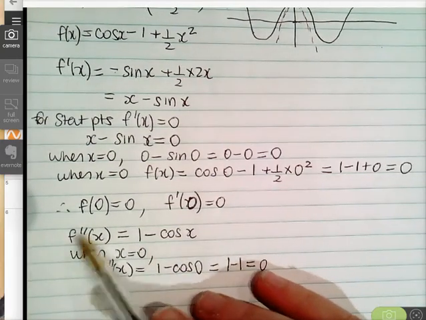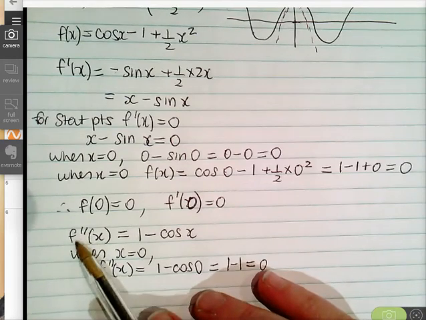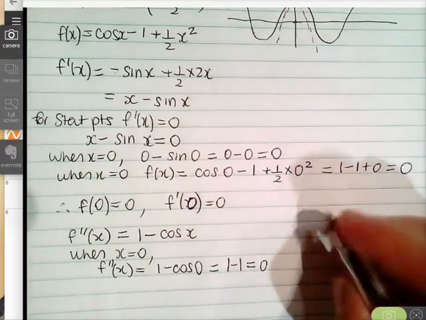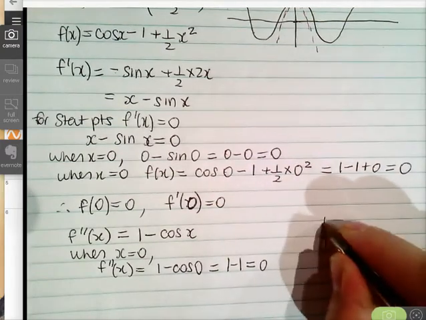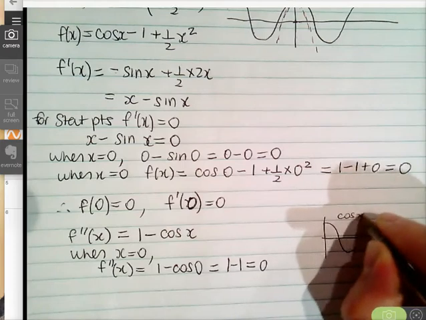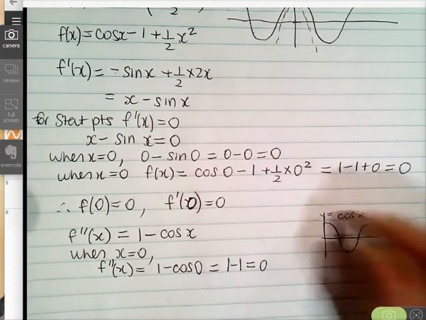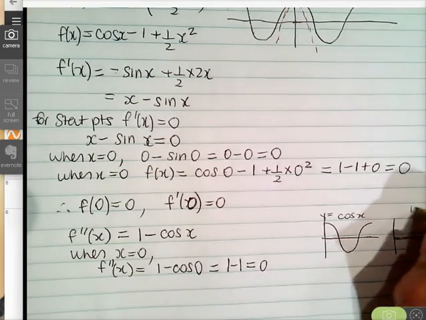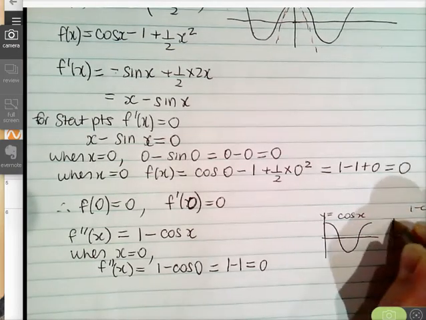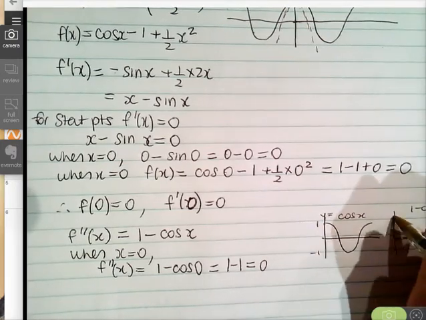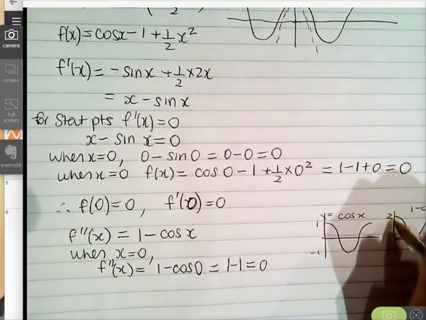So I'm going to go back to my second derivative, which is 1 minus cos x. Now I know that my cos x function looks like that. So this is y equals cos x, and the function 1 minus cos x, cos x goes from 1 to negative 1, so this will go from 2 to 0.